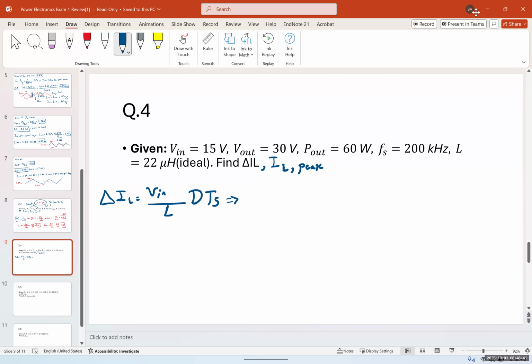We can also write this like this. This is also equal to Vn over L Fs, because Ts is 1 over Fs. Vn D over LFs. So what do we need to find? We have Vn, we have L, we have Fs, we don't have D. So first thing we need to find is the duty ratio. So D would be equal to 1 minus Vn, which is 15, divided by V out, which is 30, gives us 0.5.